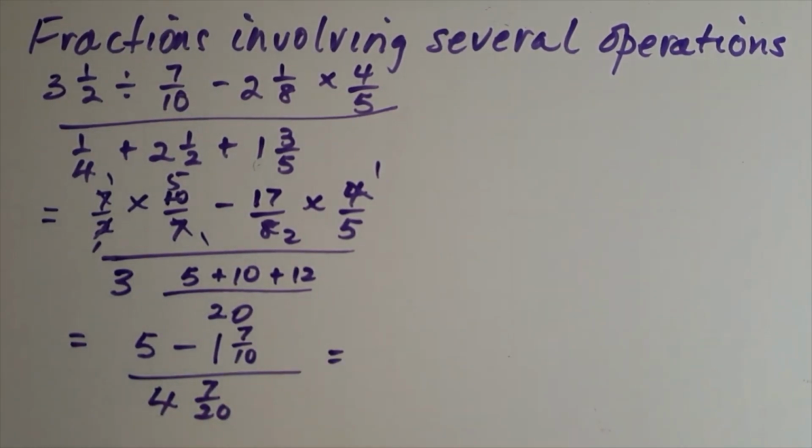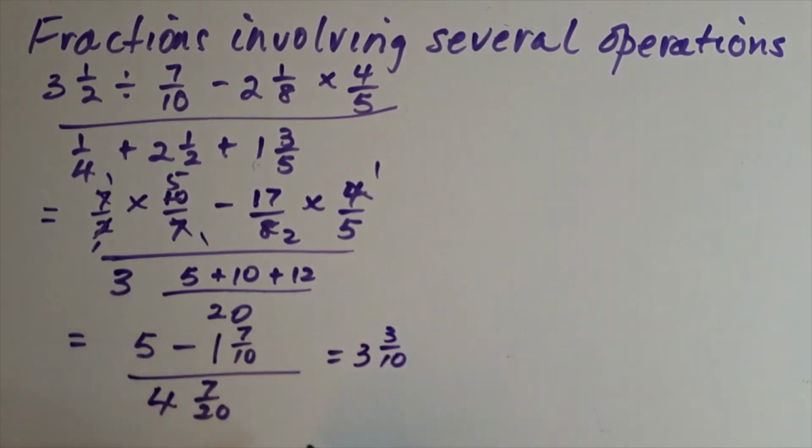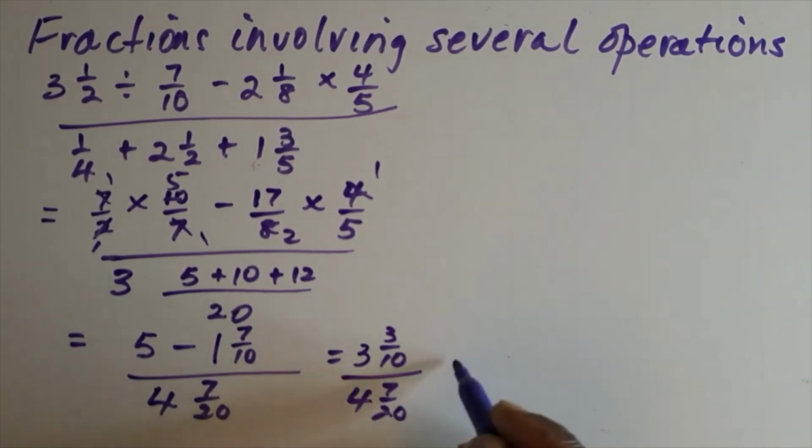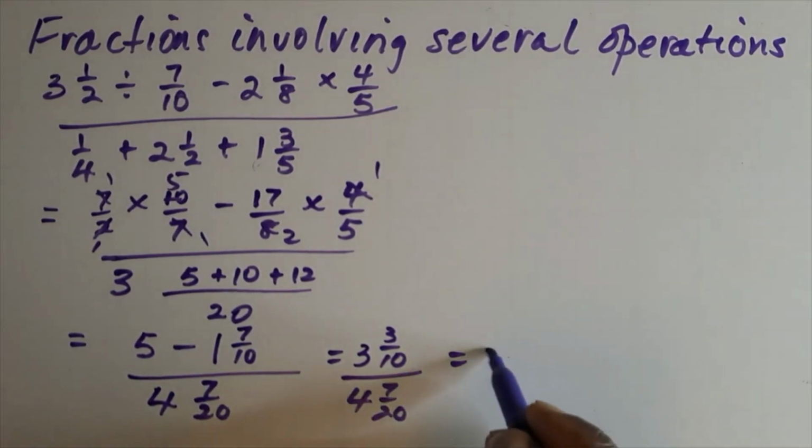From here, if we simplify for the numerator here, we subtract 1 and 7/10 from 5. We have 3 and 3/10. And we have 4 and 7/20 in the denominator. Now the numerator, we'll turn this into an improper fraction, which is 33/10.